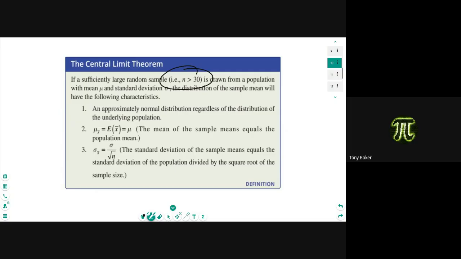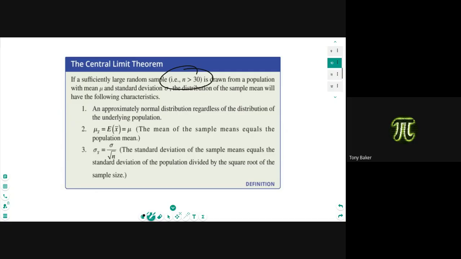That means I only really need to truly ask 30 people to be able to do this. I don't need thousands. I don't need millions. I need 30 people. The more people you ask, the better data you're going to get, and the closer to that mean you're going to get. But 30 is all you need.